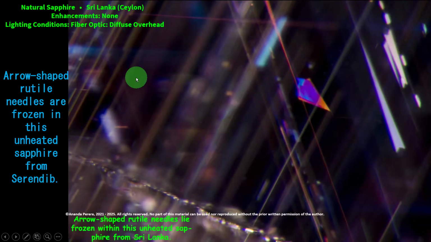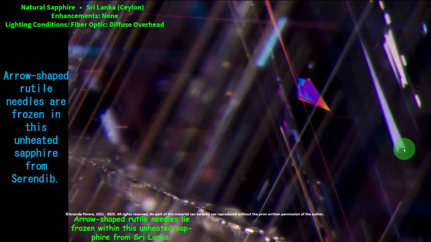Another one. The lighting condition here is fiber optic, diffuse overhead. See the inclusions, natural inclusions here. Look, arrow-shaped rutile silk needles are there.